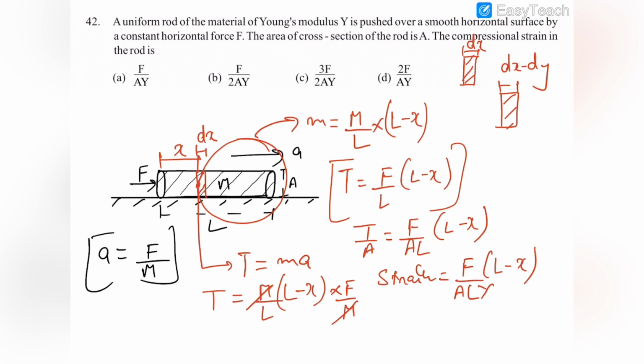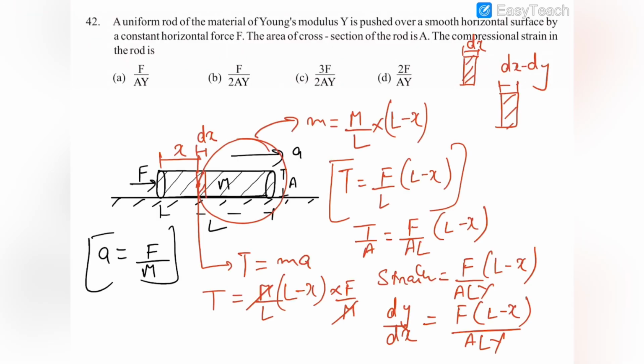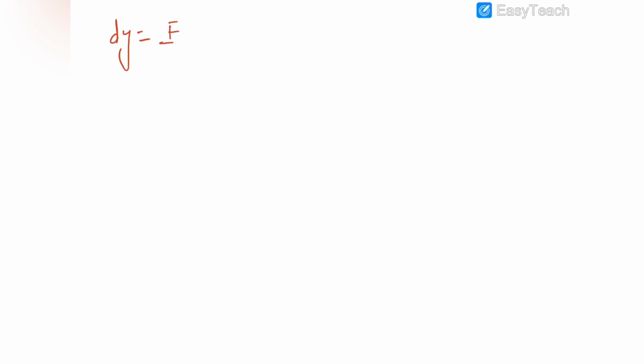So this strain will be dy by dx, and it would be equal to F into L minus x upon AL gamma. Now dy is the contraction produced in this length dx, and therefore we can say that dy will be equal to F by AL gamma multiplied by L minus x into dx.